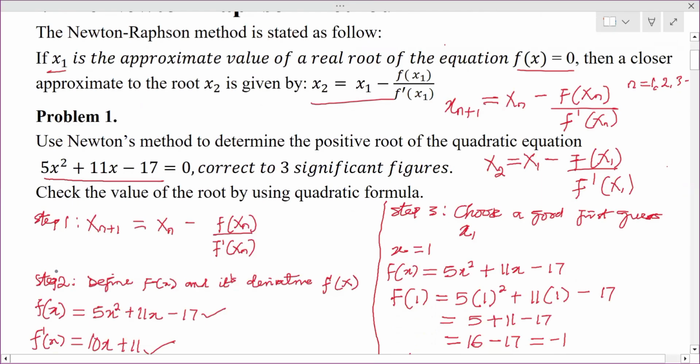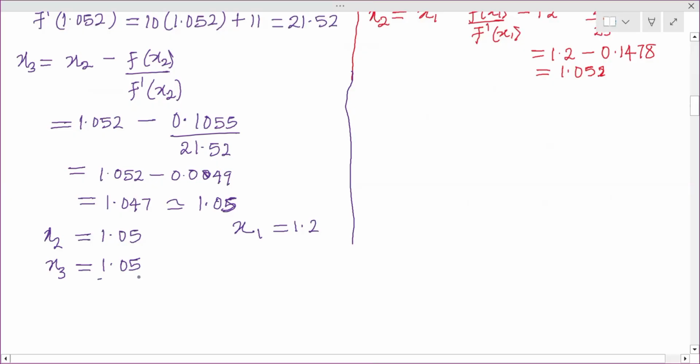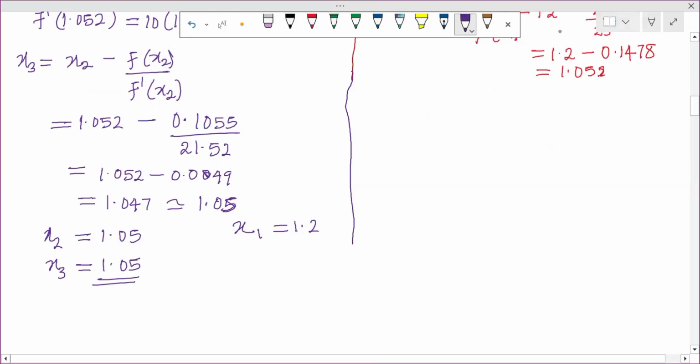of the quadratic equation is equal to 1.05. You can now test this to see if it is true using the quadratic formula. Now, if you have the equation 5x squared plus 11x minus 17 equal to 0, using the quadratic formula, you have a equal to 5, b equal to 11, and c equal to minus 17.